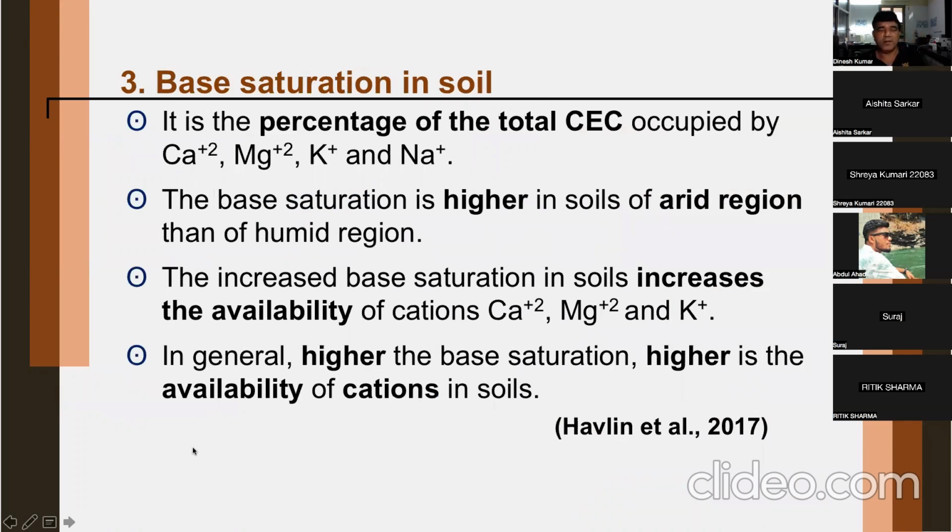Now, the third factor. We have seen how cation and anion exchange capacity affects the nutrient supply, and we have also seen how mobility of the nutrients will replenish or affect the resupply of nutrients to the soil solution. Now, the third important point is base saturation in soil. We already discussed what base saturation is. But I asked you one question yesterday: what is amphoteric?